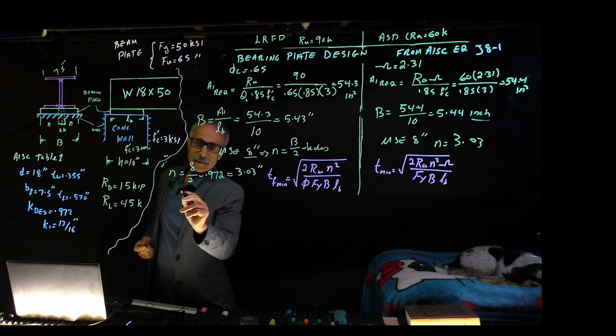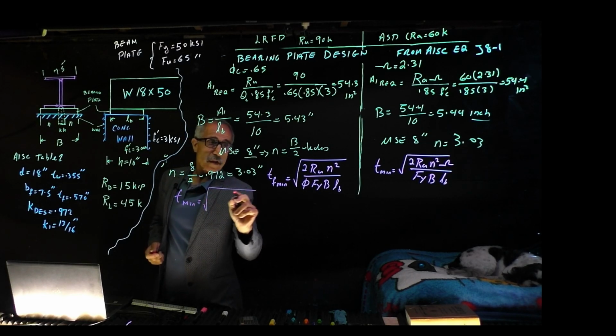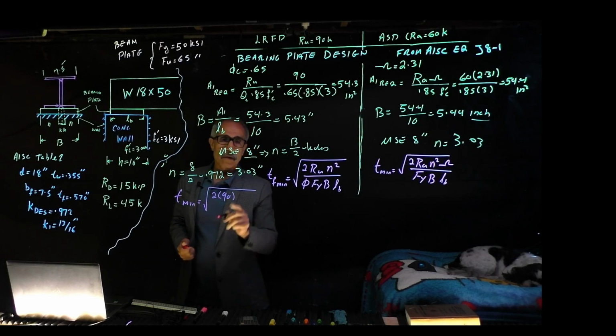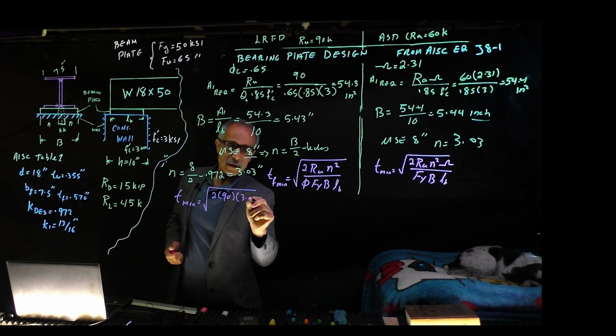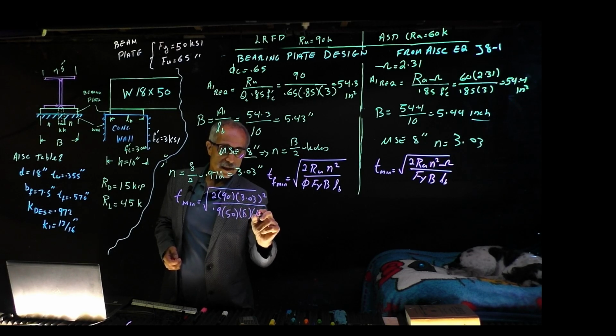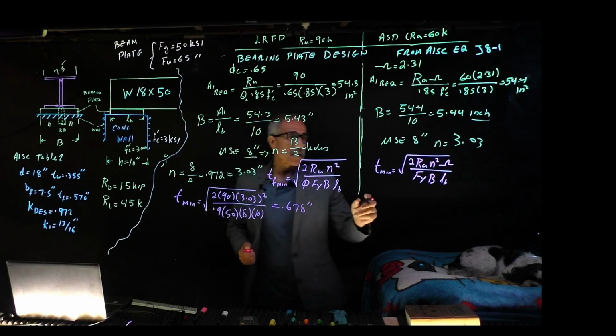T of the flange minimum is equal to the square root of 2 times 90 times N, which came out to be 3.03 squared, divided by phi, which is 0.9, times 50, times B, which was 8, and LB is 10. It's equal to 0.678 inch.